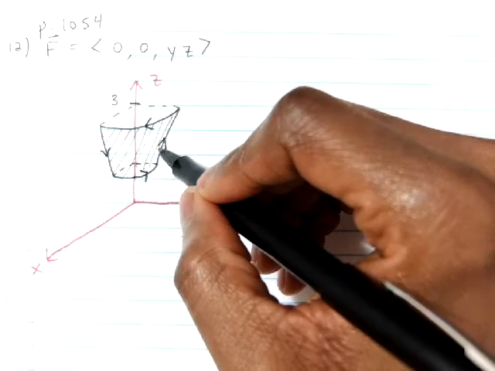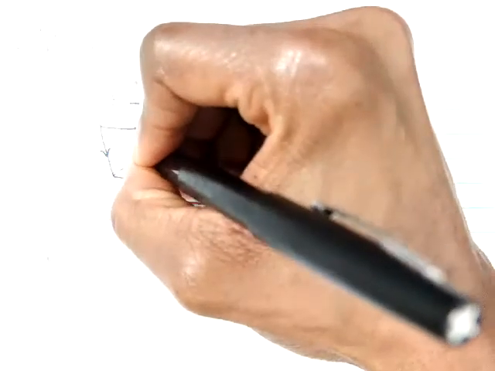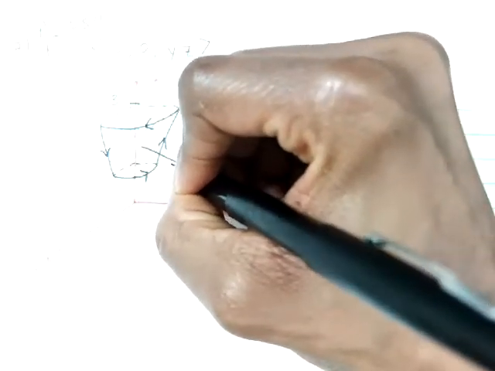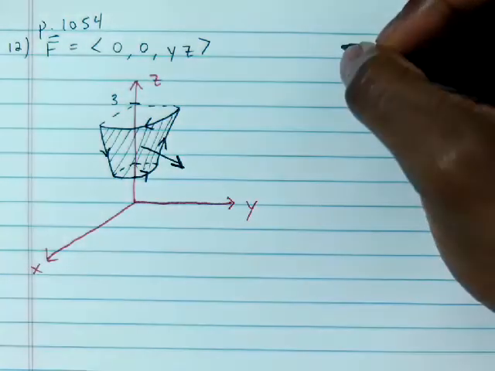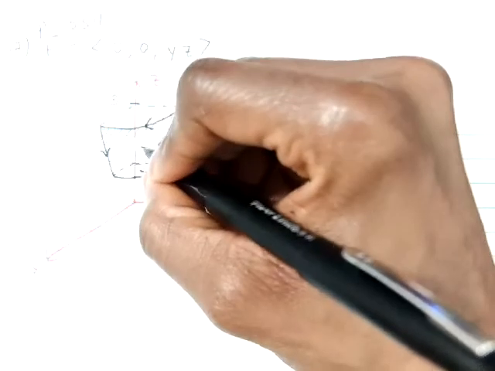The stick figure's head would actually be pointing out towards us in that scenario. Because of the tilt of the cone, if they were to word this in the problem, they would say downward orientation on that normal vector, because it's always pointing in a downward direction.